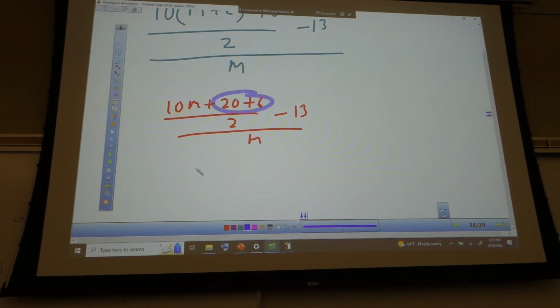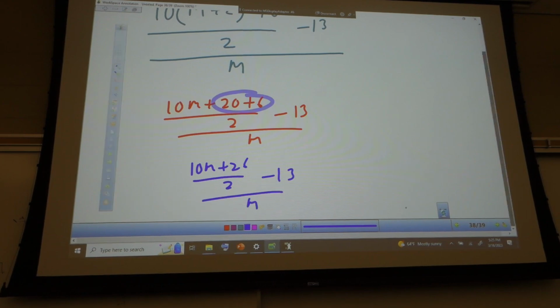So I'll get (10m plus 26) over 2 minus 13 over m. And then I divide each of these by 2. That becomes 10m over 2 is 5m. And then 26 over 2 is 13, minus 13 over m.